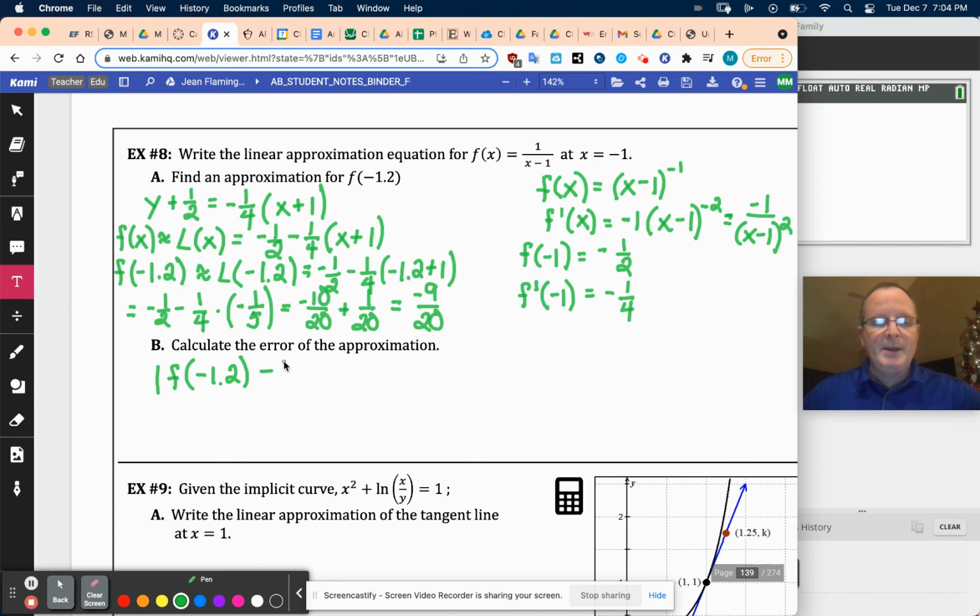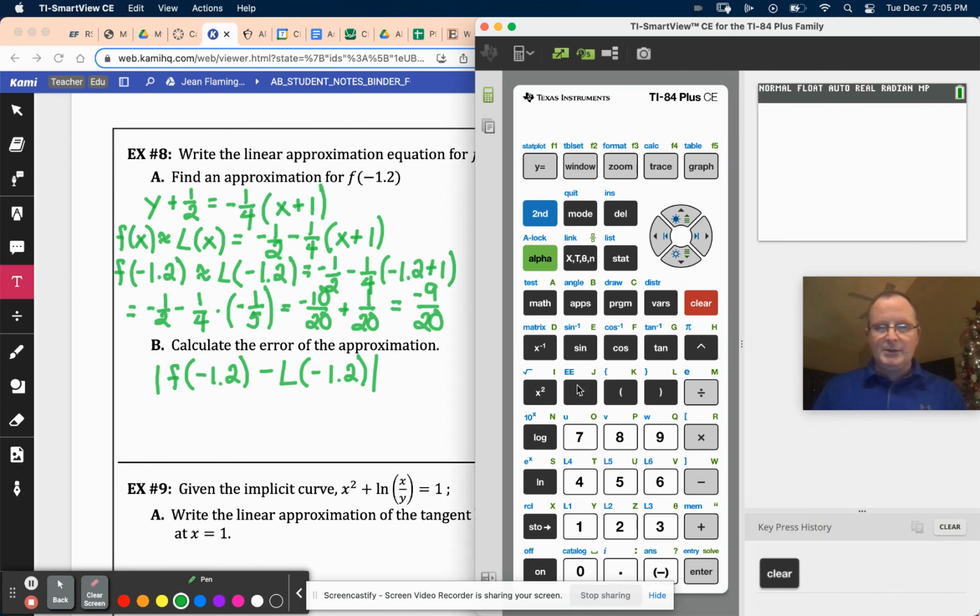And then your approximation at negative 1.2, which we just found. Okay, let's break out the calculator and do these two. If you want the absolute value, you can go to math, number, go over, and absolute value is the very first one.